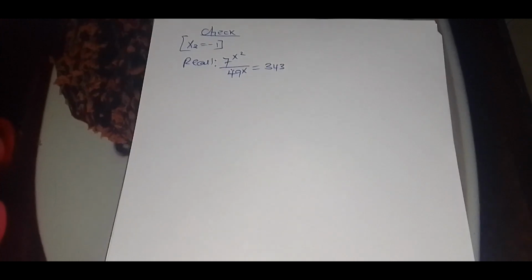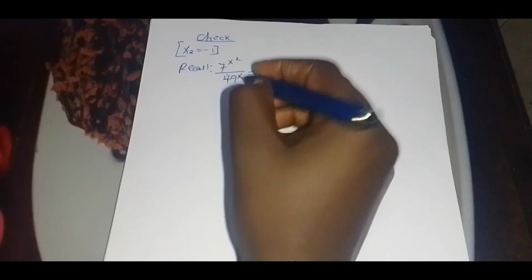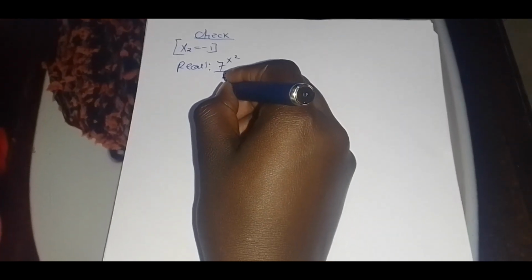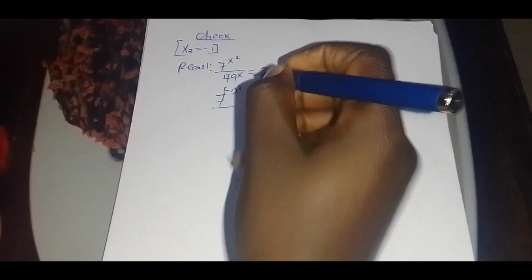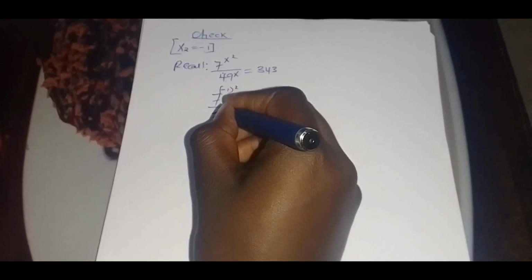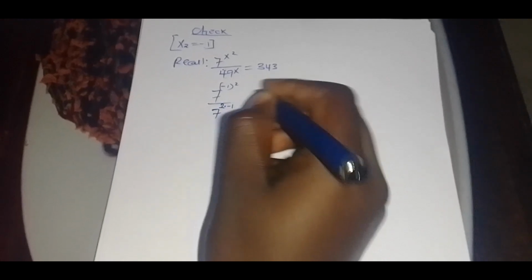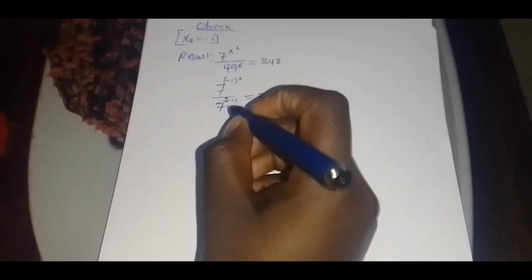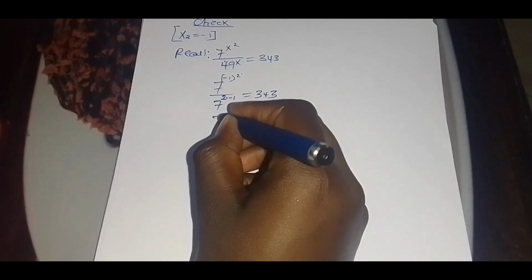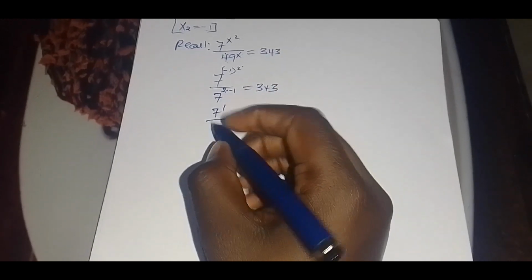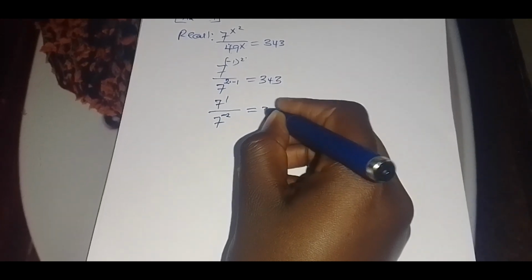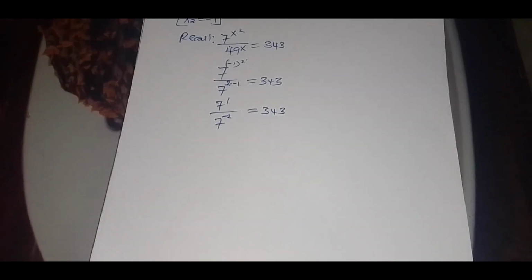Okay, so substituting the value of x, which is negative 1, you're going to have 7 raised to power negative 1 squared divided by this one, 49 raised to power x can be expressed as 7 raised to power 2 multiplied by negative 1. This is supposed to give us 343. Okay, so that we'll have negative 1 squared is positive 1, divided by 7 raised to power negative 2. Okay, this is supposed to give us 343.